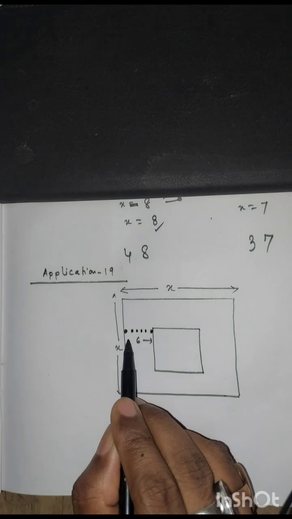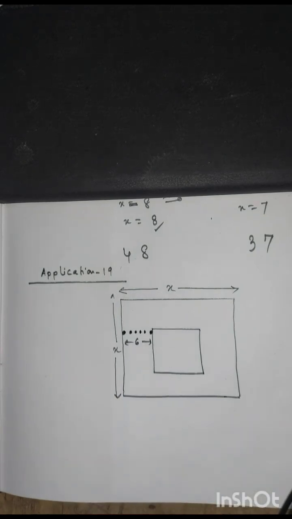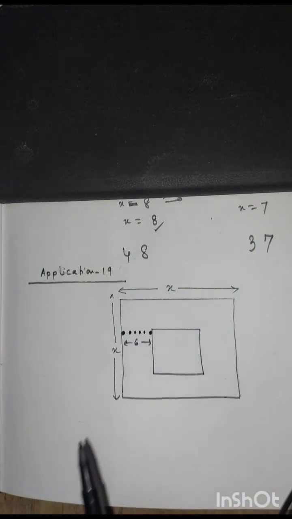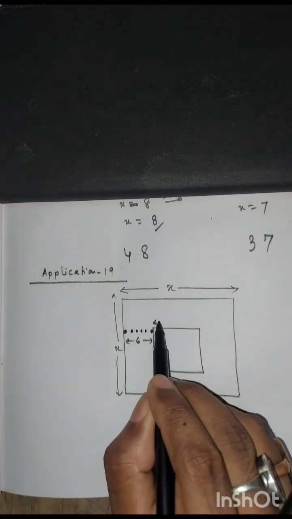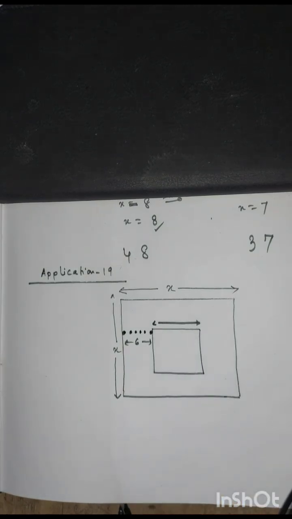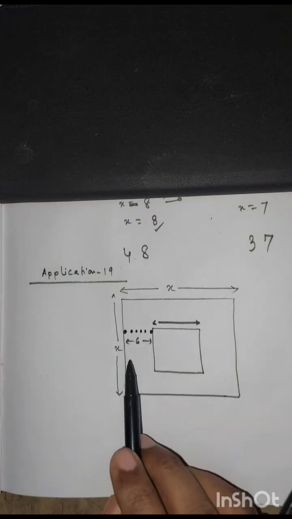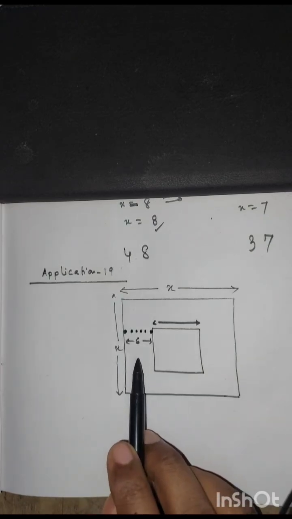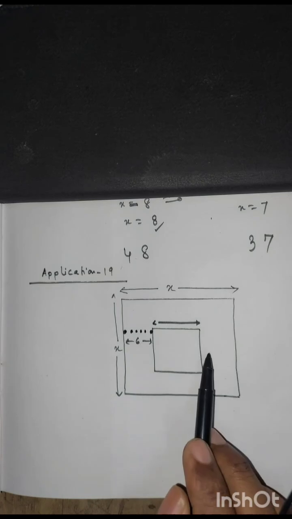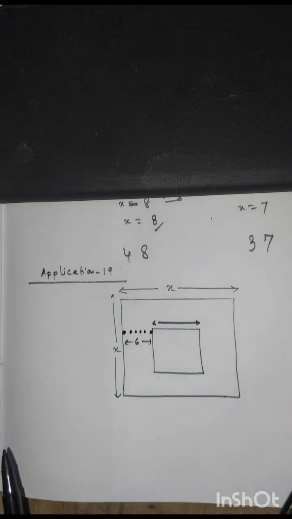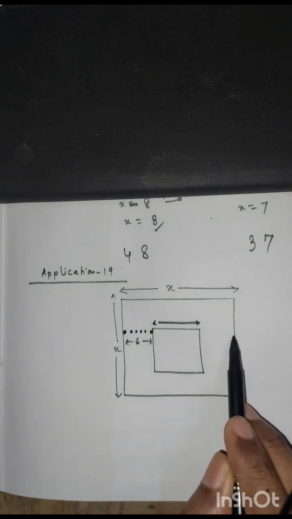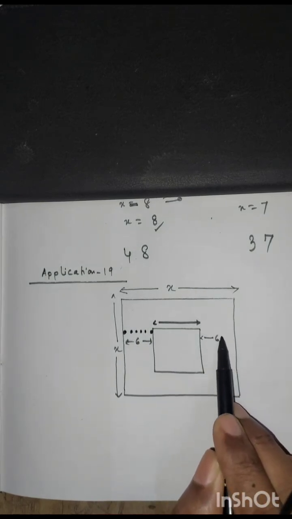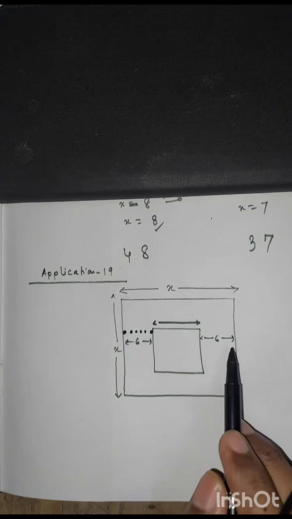The depth is 6. So what is the length of this side? We can easily tell it by subtracting 6 two times from x. 6 students from this side and 6 students from this side should be subtracted.